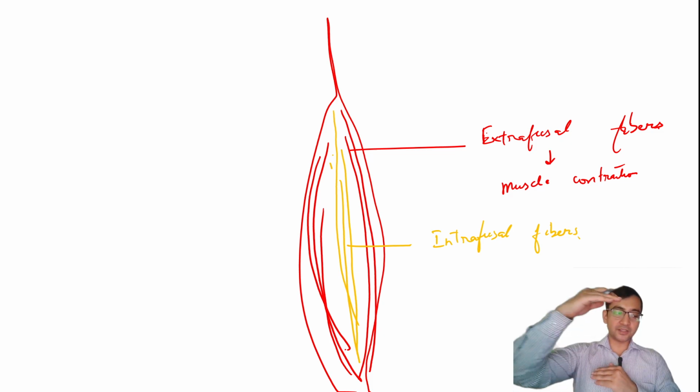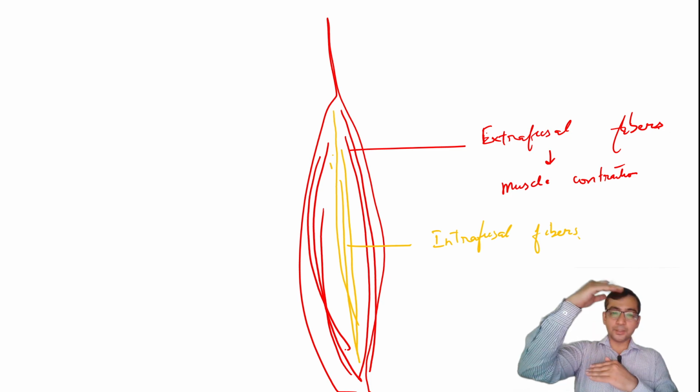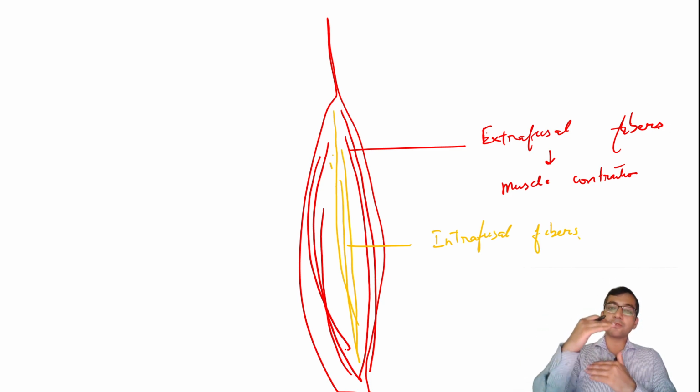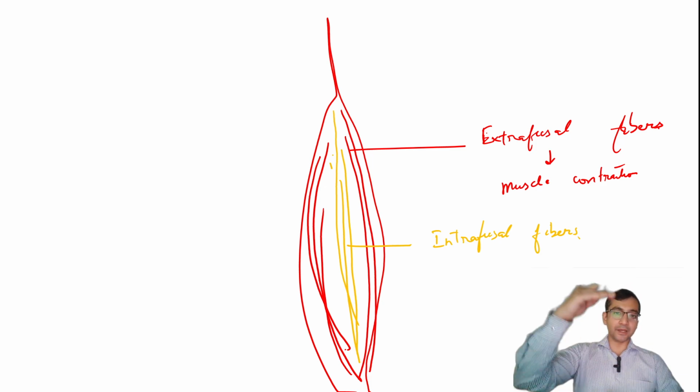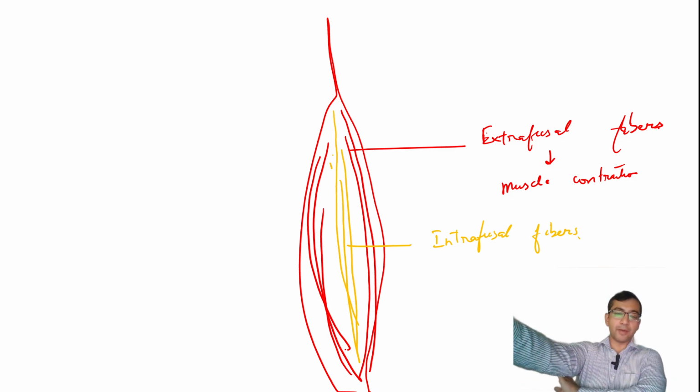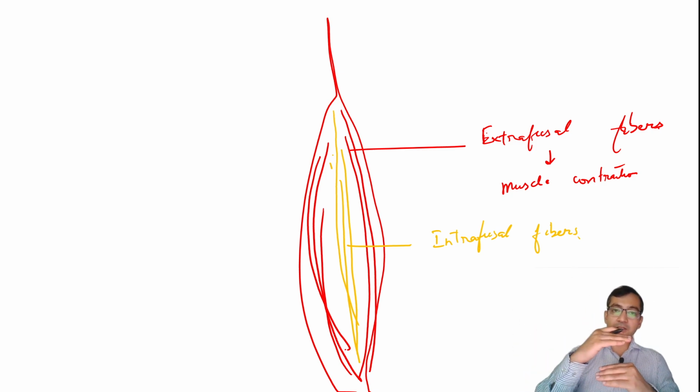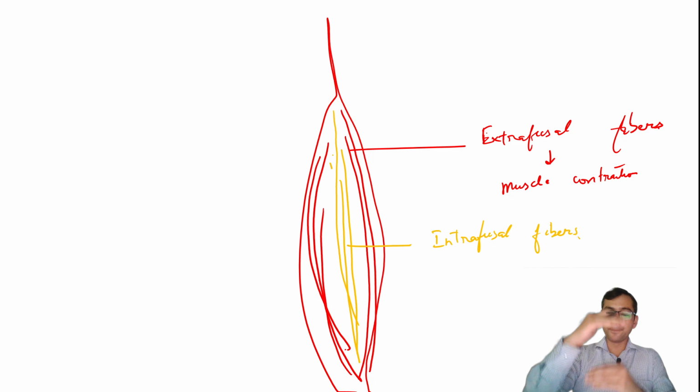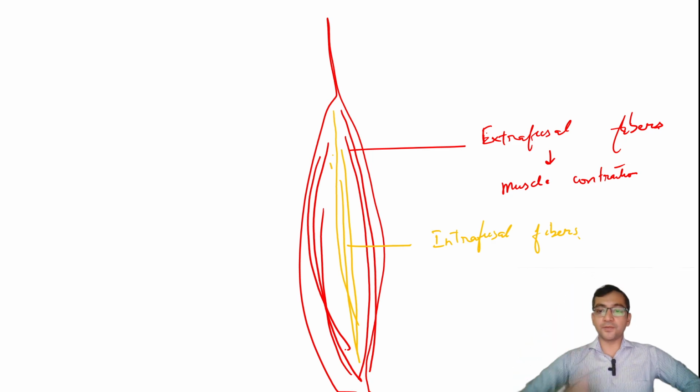As the muscle contracts, the muscle will shorten. Let's say the biceps contracts like this, the biceps muscle will shorten. However, when the antagonist muscle contracts, the muscle will passively lengthen. When the triceps contract, the biceps will lengthen, the extrafusal fibers will be passively stretched, and intrafusal fibers will be passively stretched.